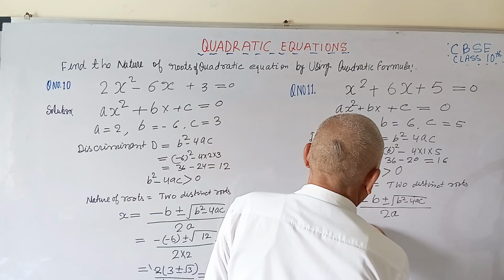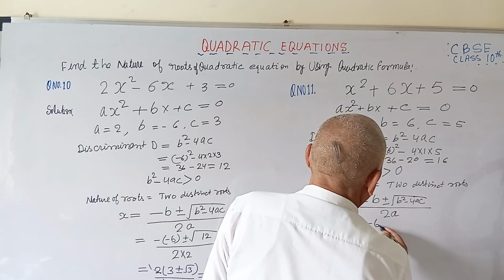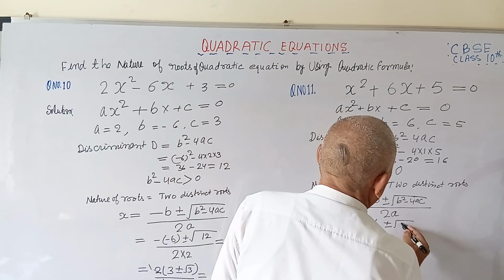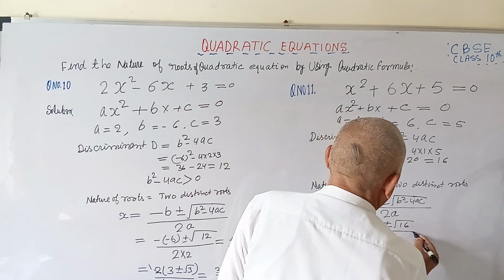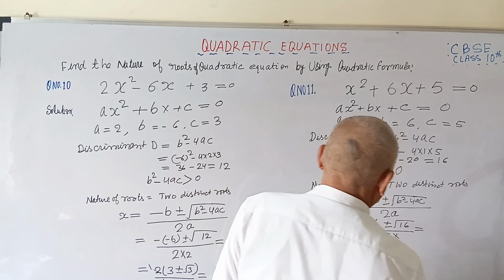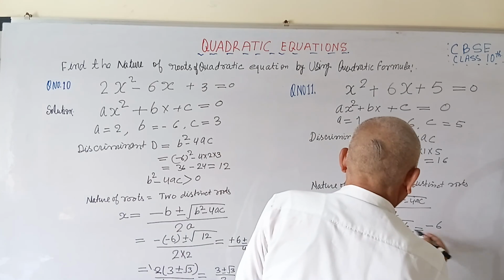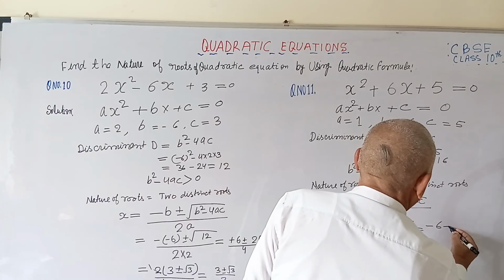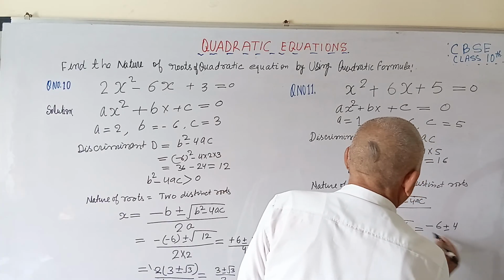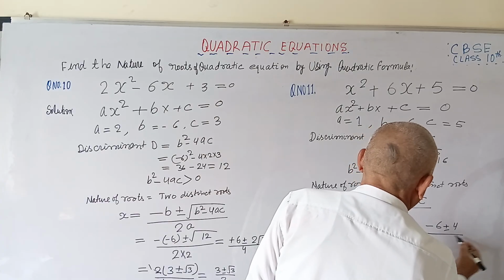So here b is 6, so minus 6 plus minus root 16 upon 2 into a, which is 1. So I will get minus 6 plus minus 4, because the square root of 16 is 4, upon 2.